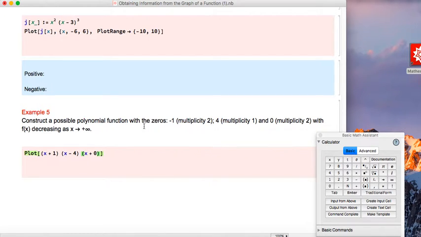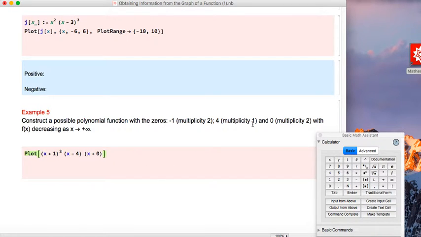Then we also need to consider multiplicity. What multiplicity means is their exponents: how many times this factor is multiplied. Let's say multiplicity 2, that means x plus 1 multiplied twice, which is x plus 1 squared.